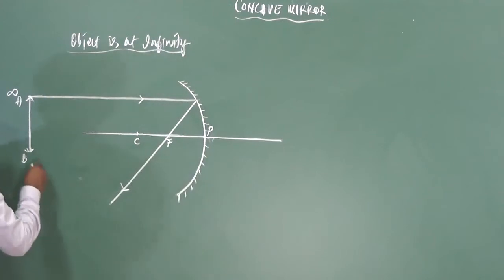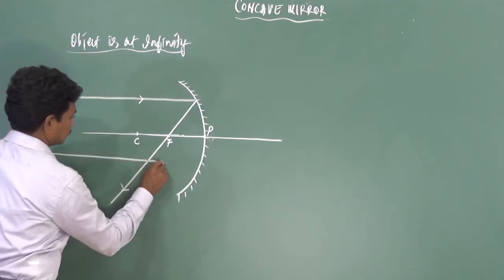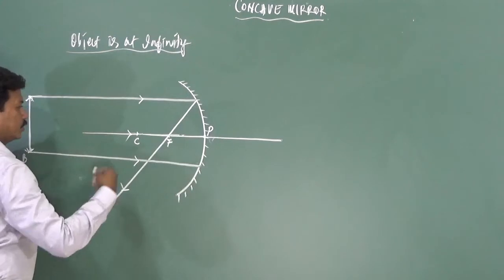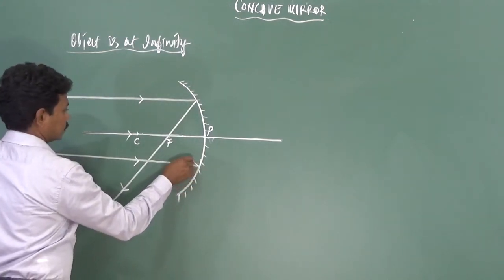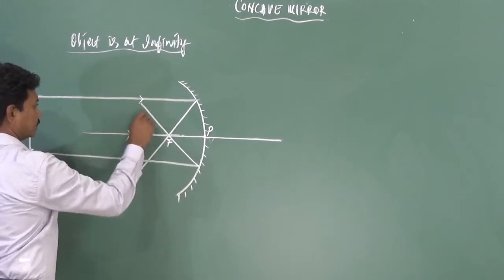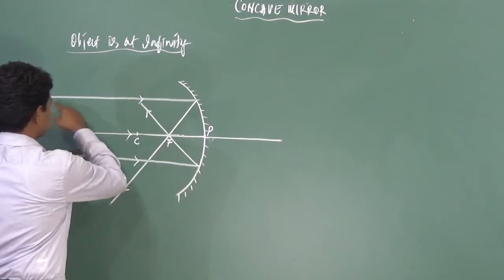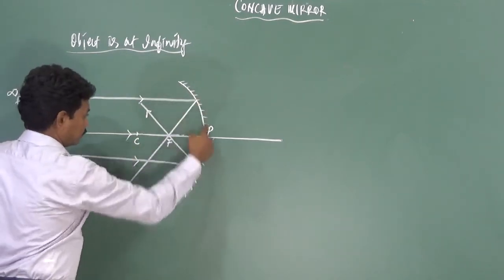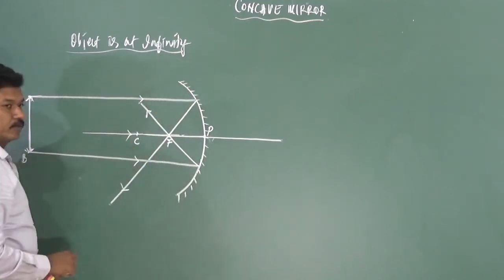Now we will consider another light ray from point B. It is also traveling exactly parallel to the principal axis. According to rule 1 again, after reflection it passes through the principal focus. So both the light ray from point A and the light ray from point B, after reflection, pass through the principal focus.